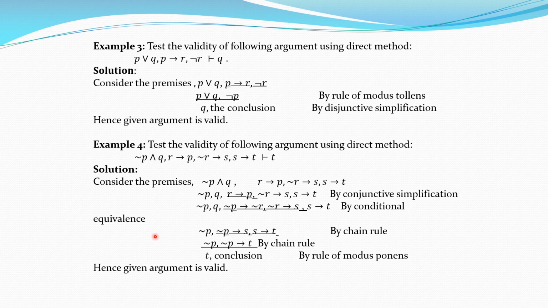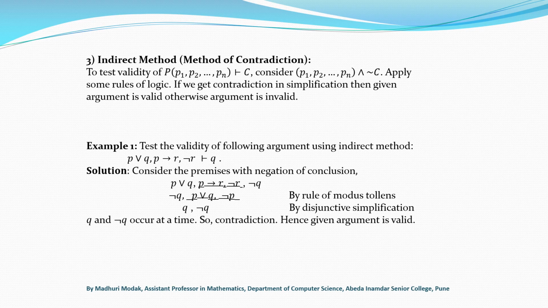So we get negation P implies S, S implies T, and Q also. Then again applying the chain rule for these two, we get negation P implies T. Now negation P is already there, negation P implies T is there. So by the rule of modus ponens, we get T finally as a conclusion. Hence the given argument is valid.